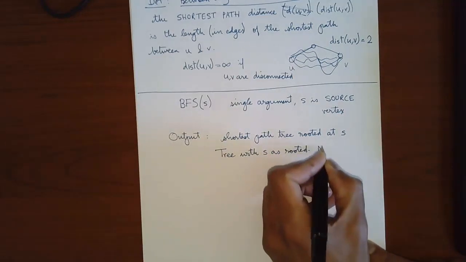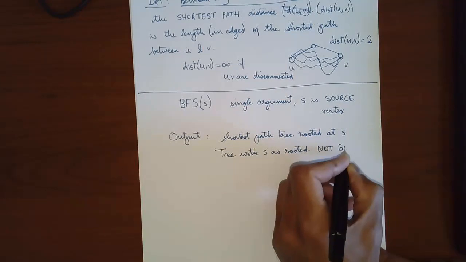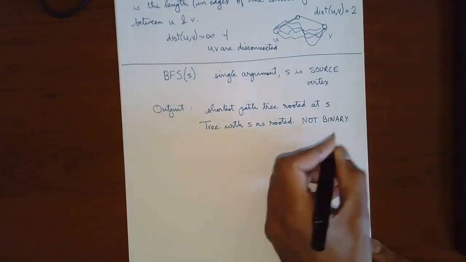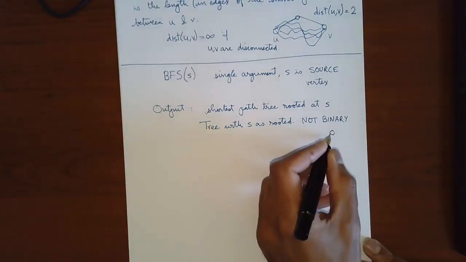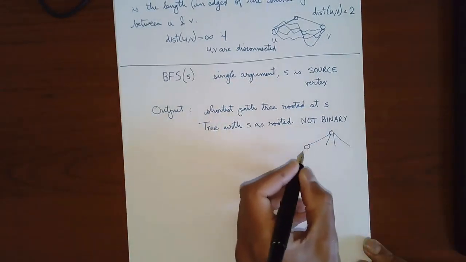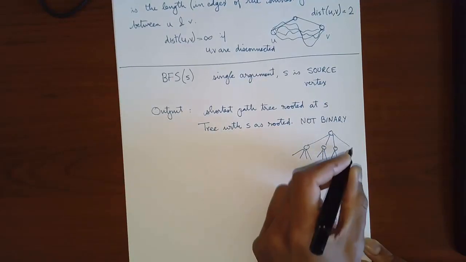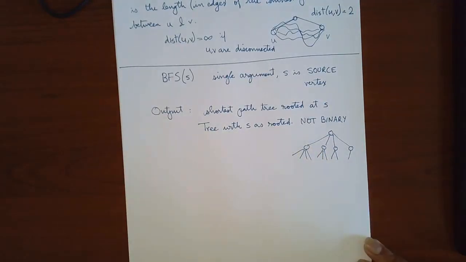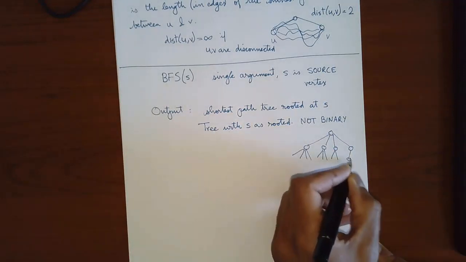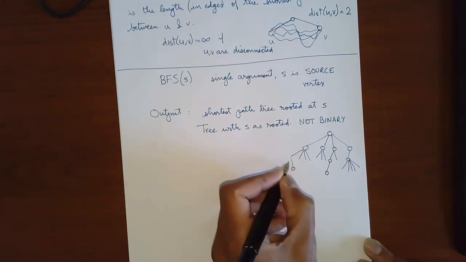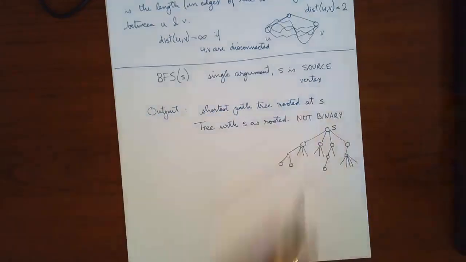And I want to emphasize this is not a binary tree. A tree simply means that a vertex has some children, which have some further children. Some of these might just have one child, and then some of them have many children, and so forth. This is the output.